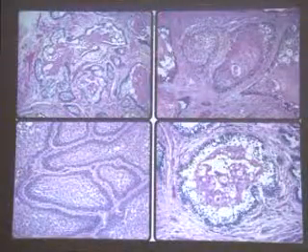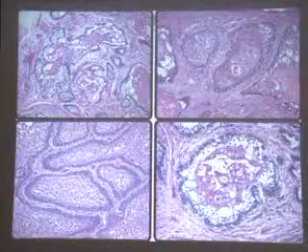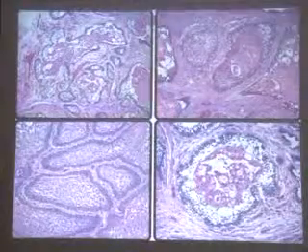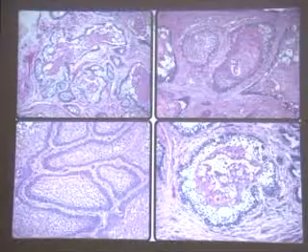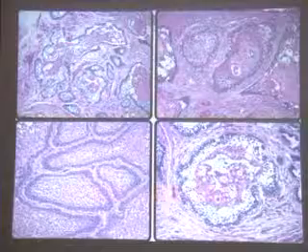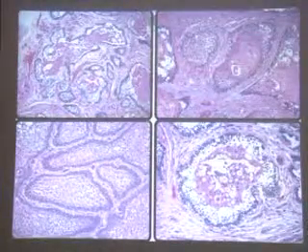Now look at this picture. See here, these are the various islands or follicles. Here also you can appreciate in this third one. Now centrally you can see these are the stellate reticulum-like cells. And in the central portion here, the stellate reticulum-like cells show squamous metaplasia or squamous differentiation.